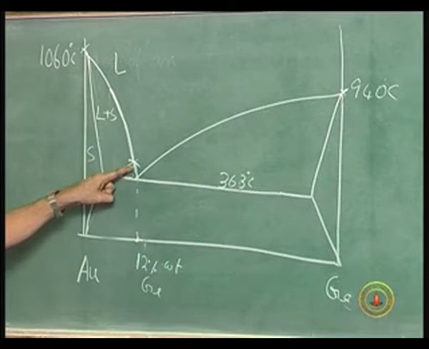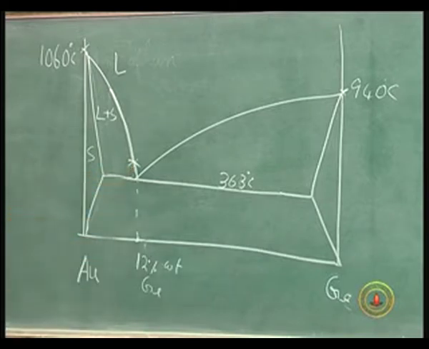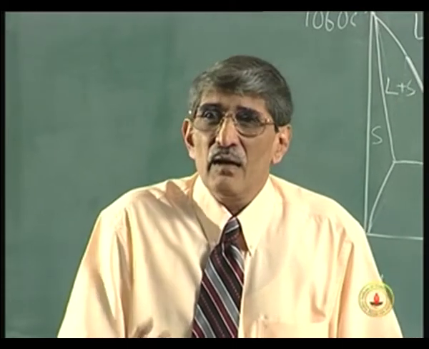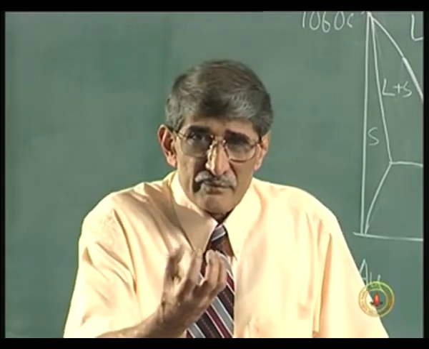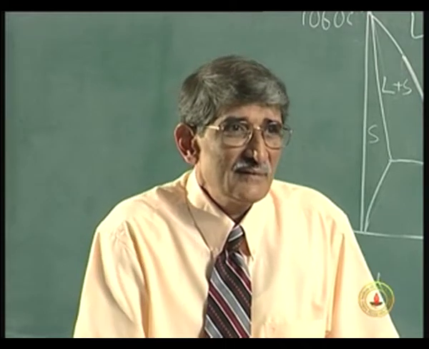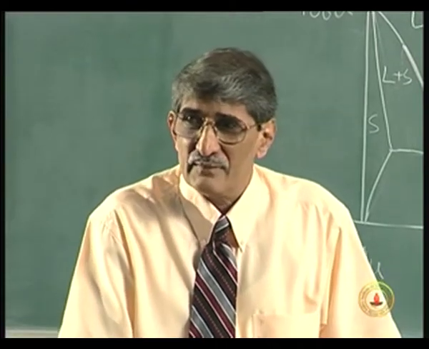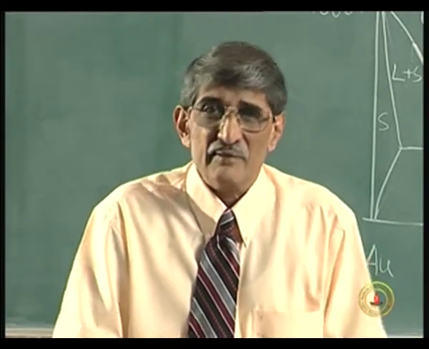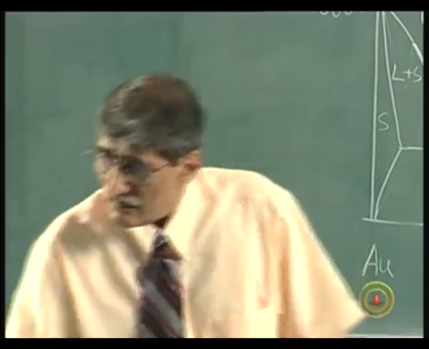Why has it come down? It has gone down to the gallium arsenide. So, all that happened is, gallium has moved up to the gold germanium, and a little quantity of germanium has moved down to gallium arsenide. And where is it sitting? Germanium is sitting where the gallium has moved out. That is what we said here.